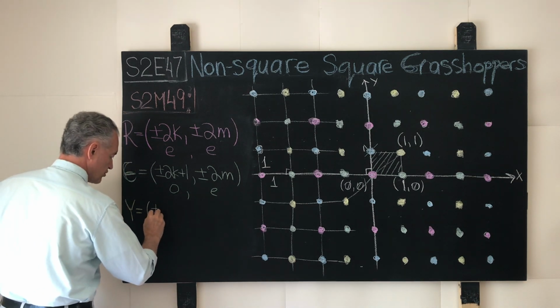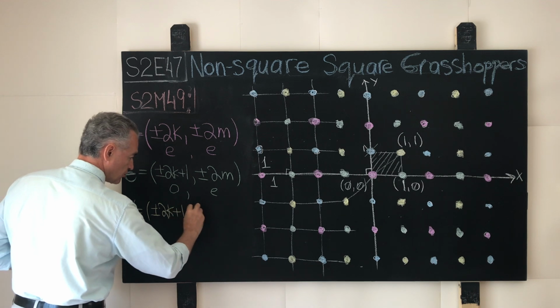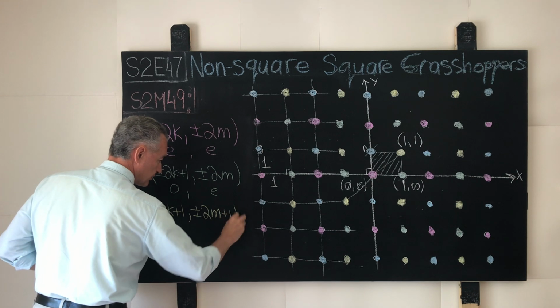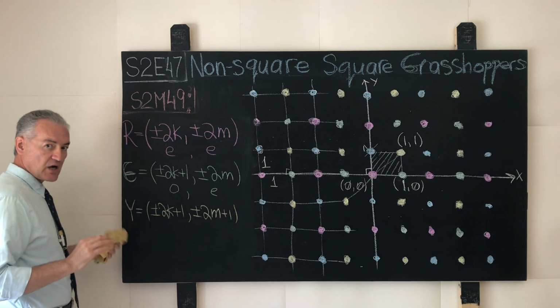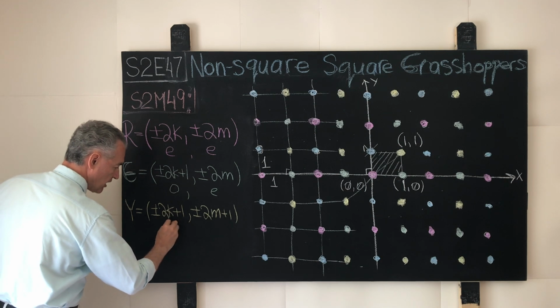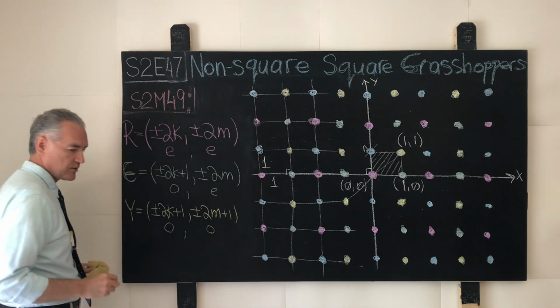So what is the structure of the yellow points? Plus minus 2k plus 1, plus minus 2m plus 1. So in terms of odd even, we have odd numbers for the x component and odd numbers for the y component.